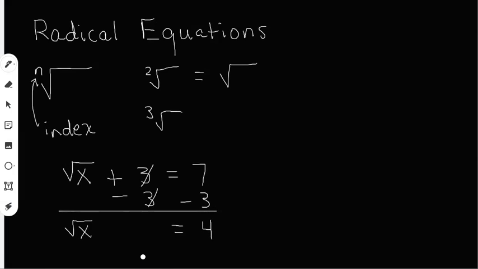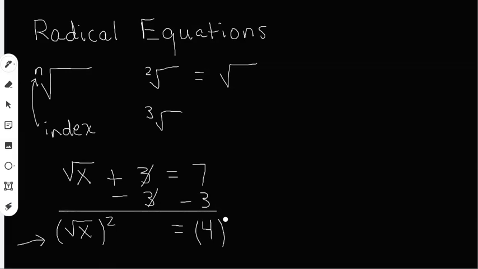So now I've almost got x by itself, but there's one thing I need to get rid of. It's this radical sign right here. And in order to get rid of it, I need to raise both sides to the power of the index. Again, since this is a square root, our index is going to be 2. So to get rid of a square root, we need to raise both sides to the power of 2.